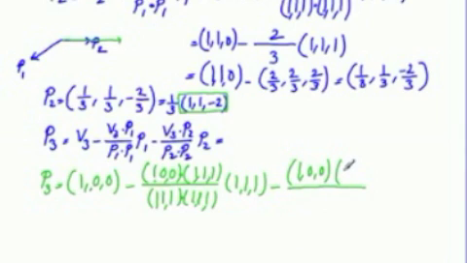what's a good thing to use? 1 1 negative 2. Notice if I multiply this by a number, that by a number, this one by a number, that one by that number, all of them are going to cancel each other out. So it's up to me. If I want to multiply all of them by 10, that's fine. If I want to multiply them by 100, that's all fine.